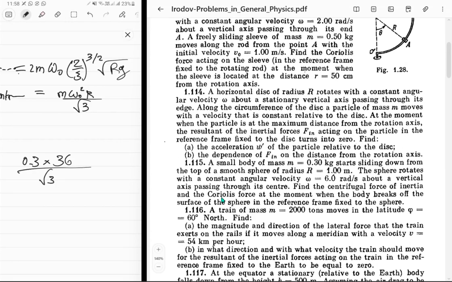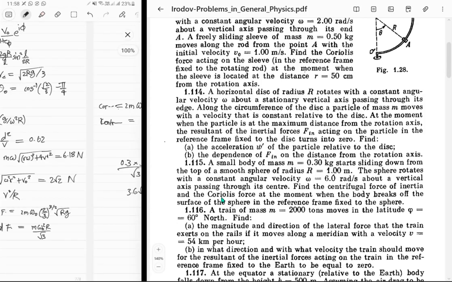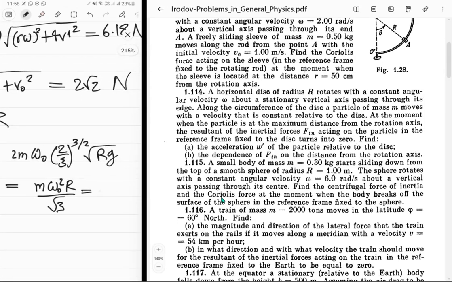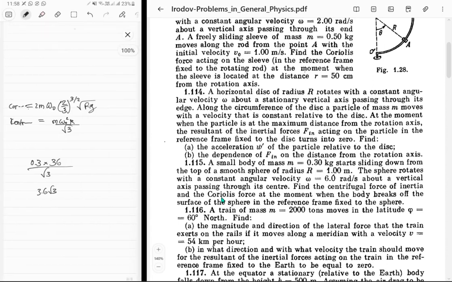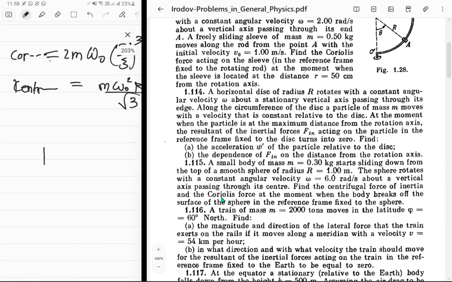It's going to be 3.6 square root 3. So 2m is just 12 because it was 6, right? No, okay, mass was 0.3, sorry. It's supposed to be 0.6 in that case. 0.6 and then omega naught, which is 6.